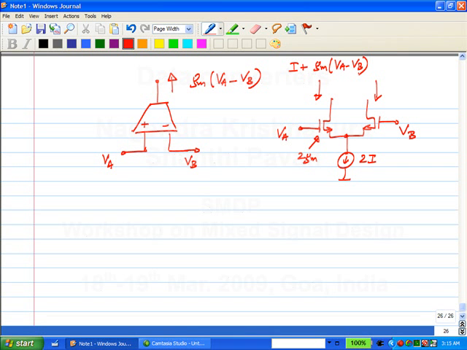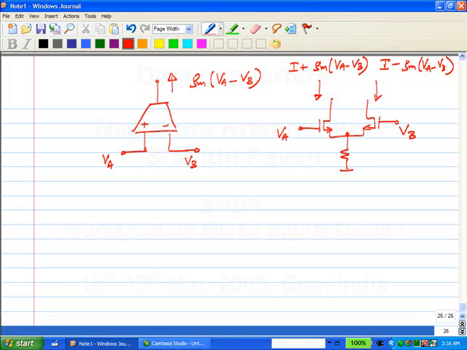It will be I minus GM times VA minus VB. Correct? And it's not necessary to have a current source. You can also have a resistor. Correct? Does that make sense?